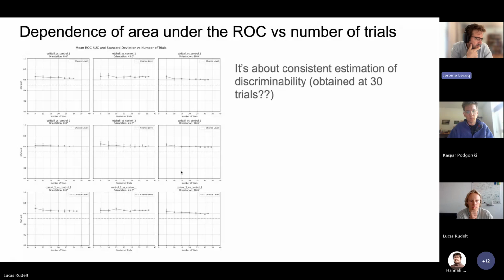And then Nicola says, by trials, are you referring to the number of stimulus presentations during the oddball block? Yeah, both. For example, if I compare control and oddball, I allow 10 trials for each condition, so both are subsampled.